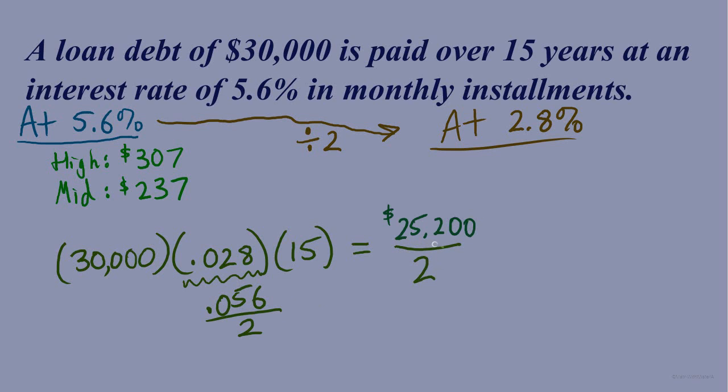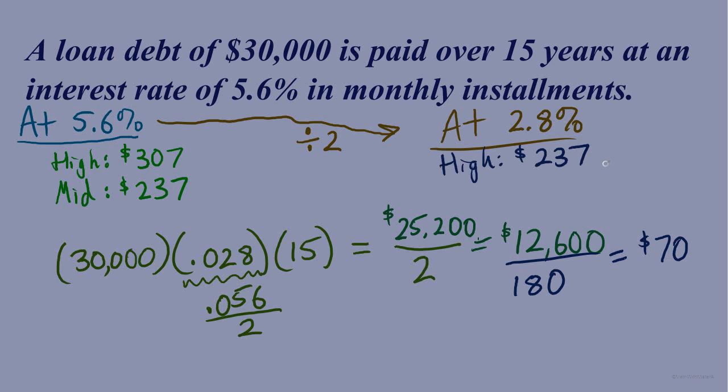We found $25,200 interest last time, so now when we divide by 2, we're down to $12,600. Over 180 monthly payments, it's $70. Combined with the $167 per month toward the balance, we have an estimated monthly payment of $237.